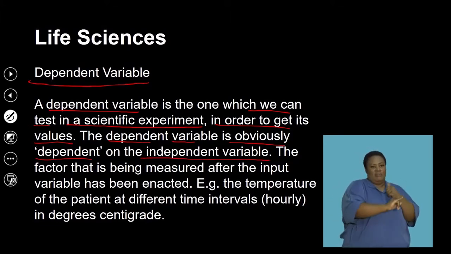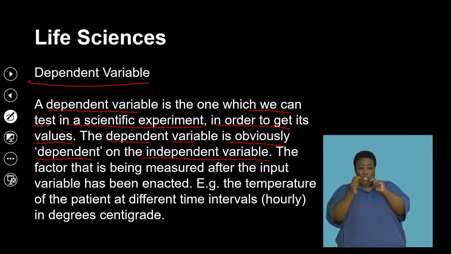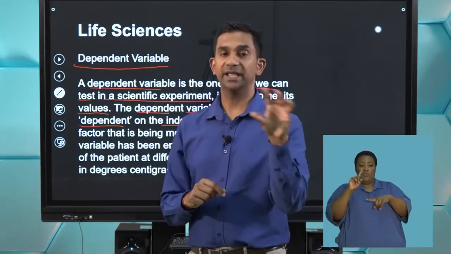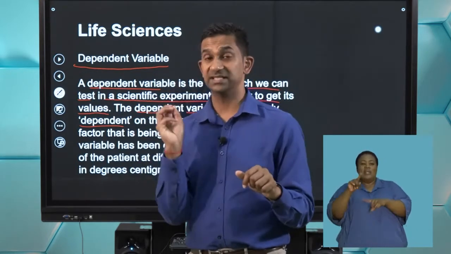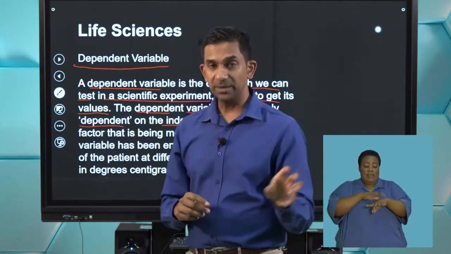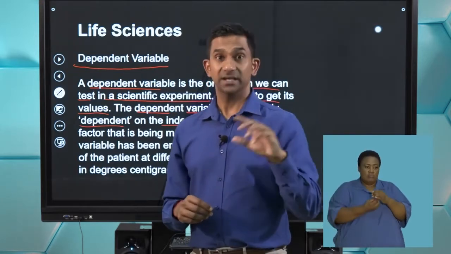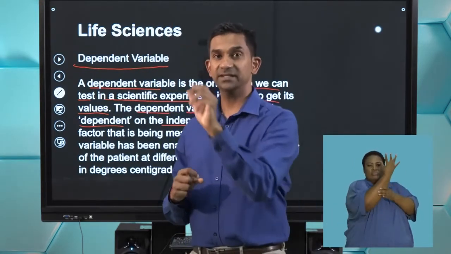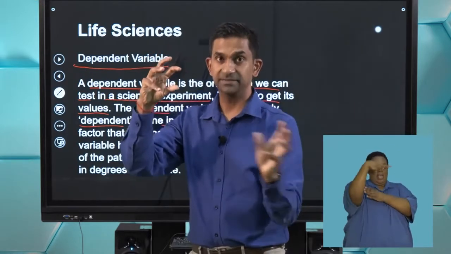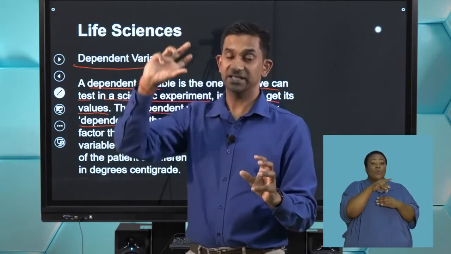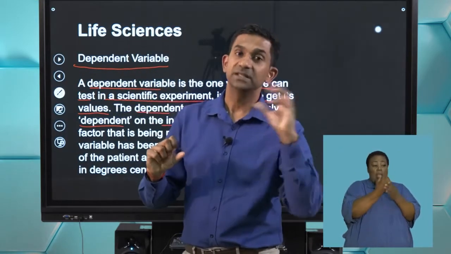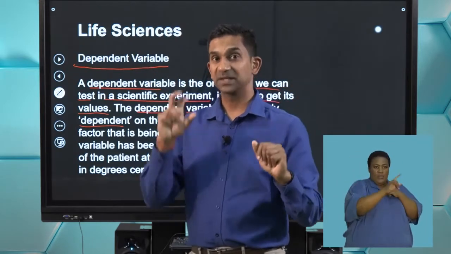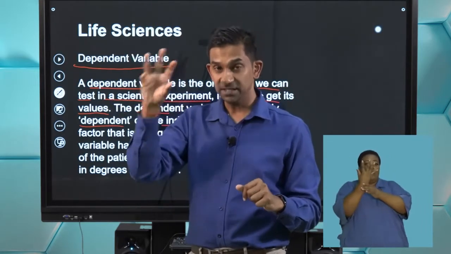So essentially, whatever changes because of the independent variable is dependent on that variable. So we refer to those as the dependents. So when a plant gets more light, it's going to increase in height. So when it increases in height, it's because of the light. And so that height increase is dependent on the light, correct? The light is the independent variable, and the increase in the height is the dependent variable.